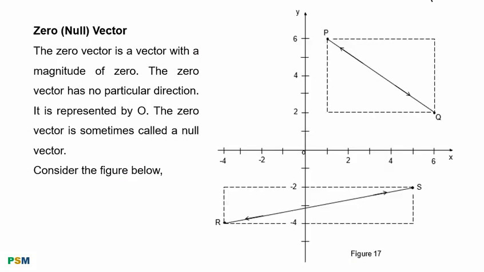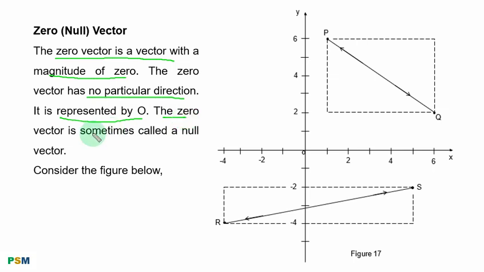Zero or null vector. The zero vector is a vector with a magnitude of 0. The zero vector has no particular direction. It is denoted by 0.